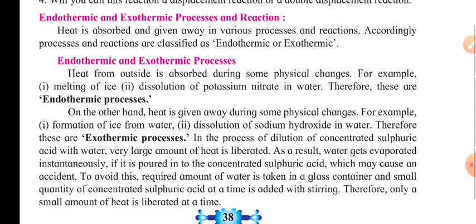On that basis, we have two categories of reactions, endothermic and exothermic. Reactions where heat is released are called exothermic reactions, and where heat is required to carry out the reaction are called endothermic reactions.